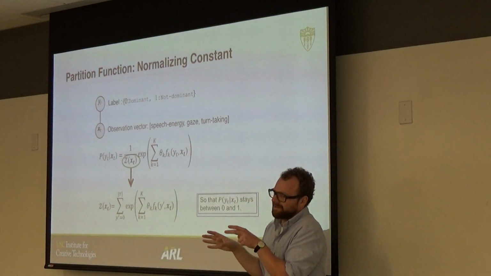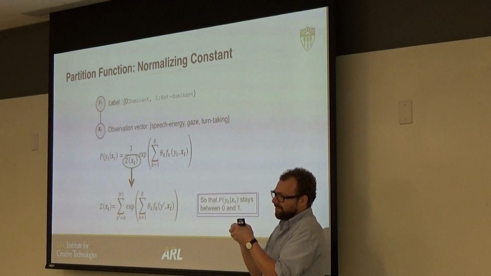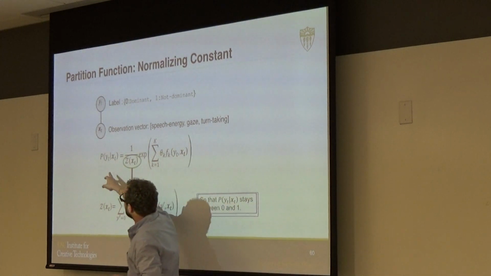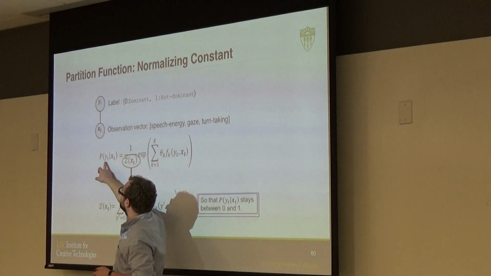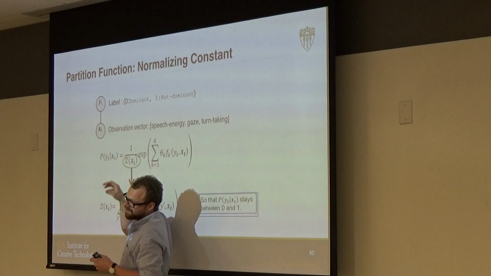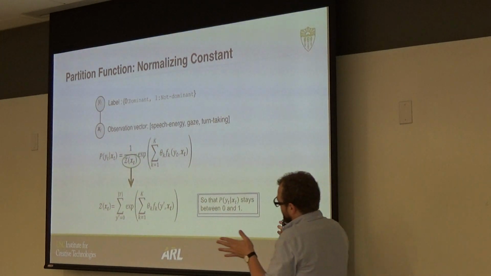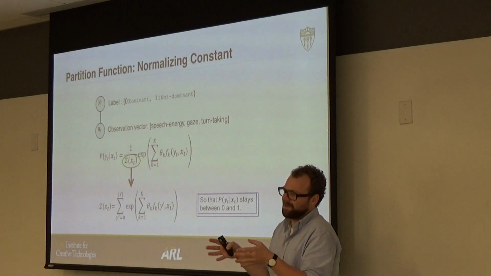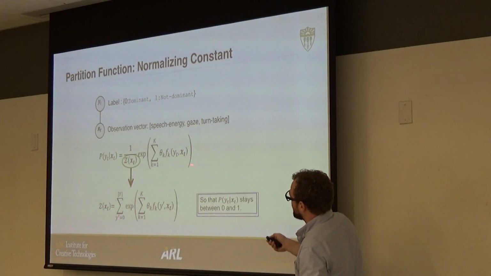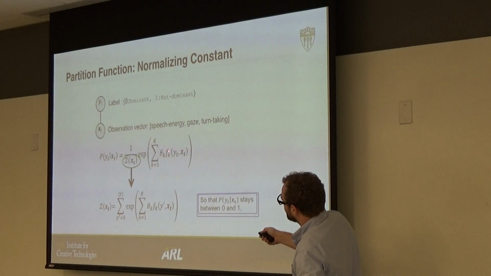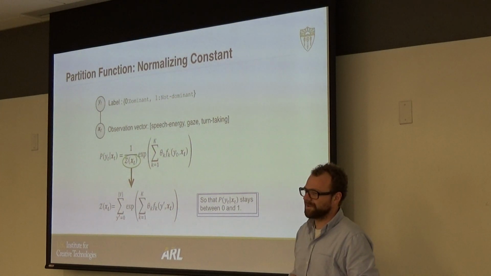Because we do that, we also make sure that if we sum those 2 numbers up, p of y equals 1 given x plus p of y equals 0 given x, we get 1. Okay? So we keep it between 0 and 1, but we also make sure that it's a probability. Is that clear? This is just the same as here, but in this case we fix it, and in this case we just sum over all of them. Okay?